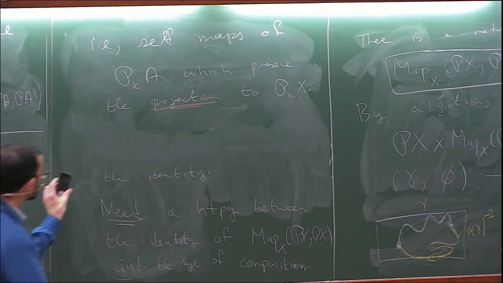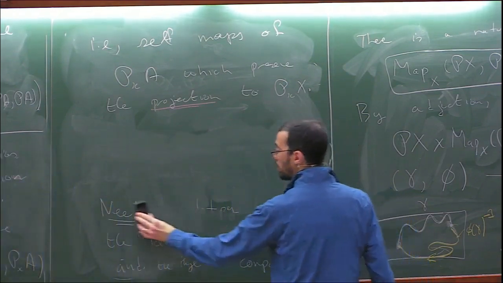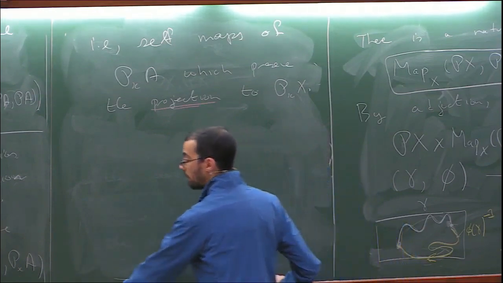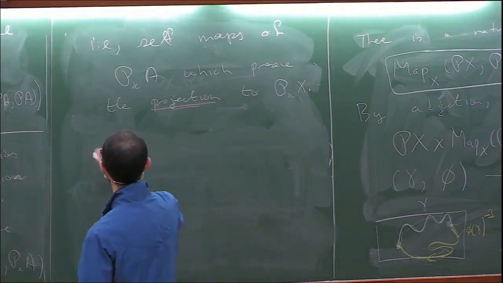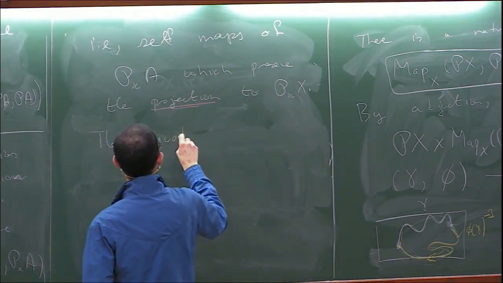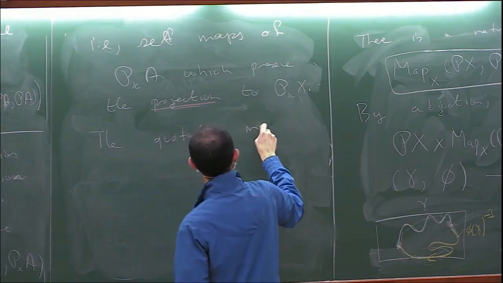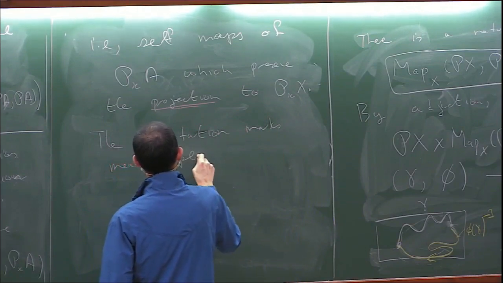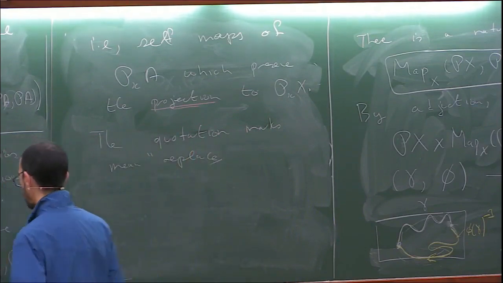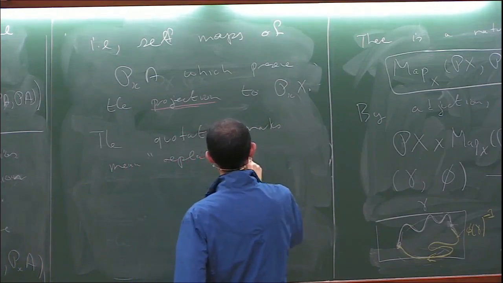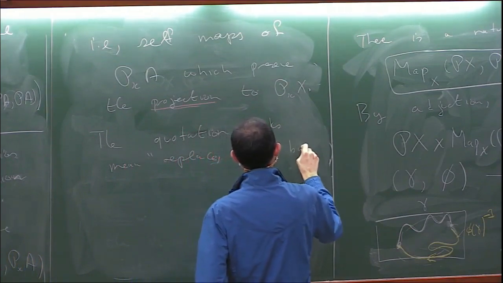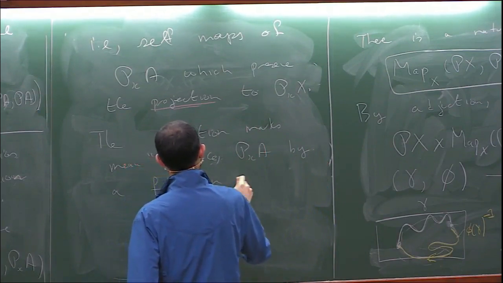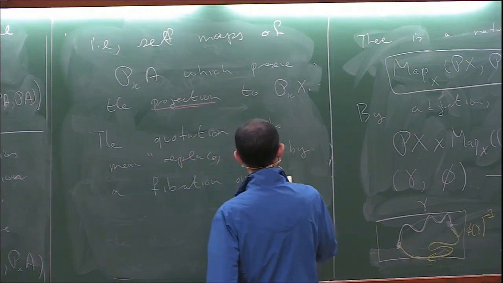So what the quotation marks mean is that you need to replace this map by a fibration. Fortunately, there is a canonical way to do it. The quotation marks mean replace PXA by a fibration over PXX.